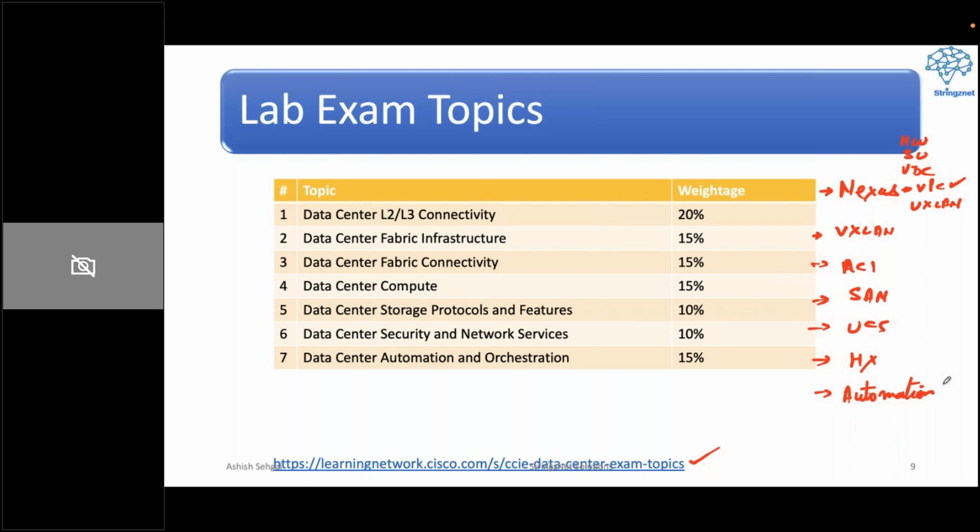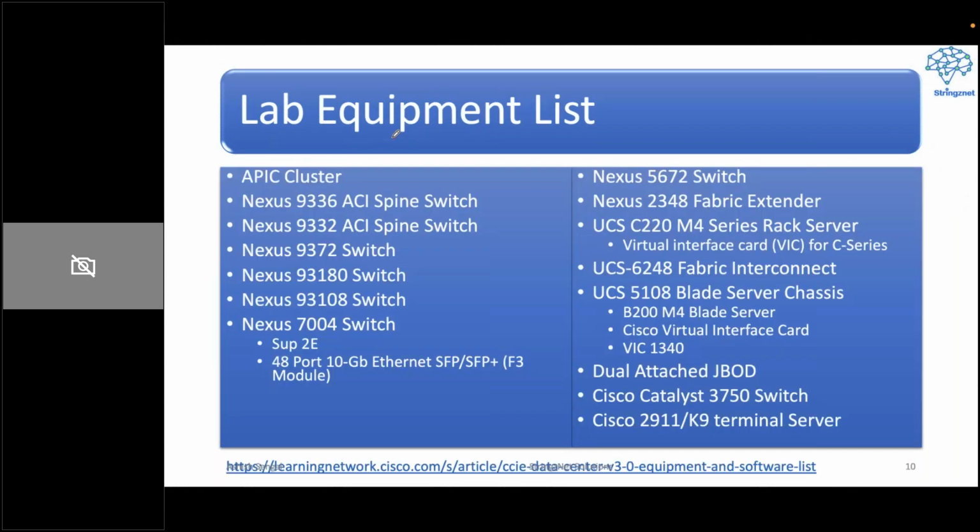This is what we cover in our complete CCIE Data Center version 3.0. And we make sure we cover more than what is asked by Cisco in the exam. So this is not just exam oriented, this is more than exam oriented learning.